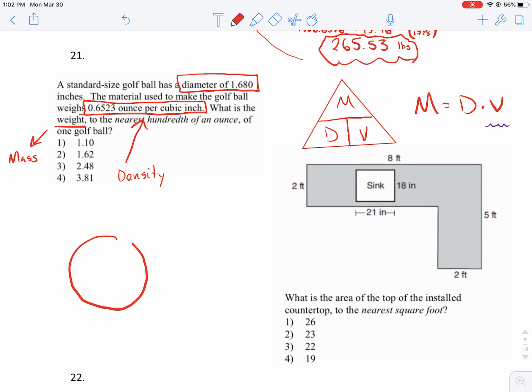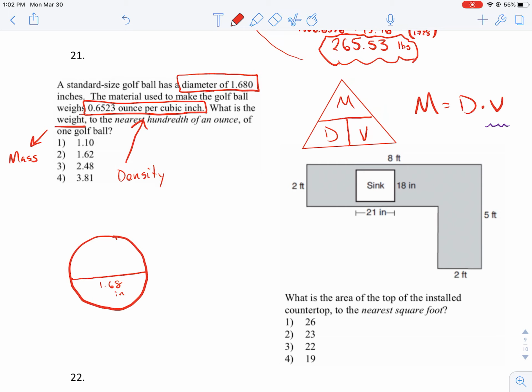They tell us the diameter of our sphere is 1.68 inches, which means, if we were looking from the top, our diameter, or that measure from one end of the circle to the other, is 1.68 inches.